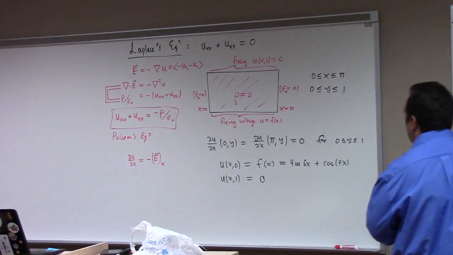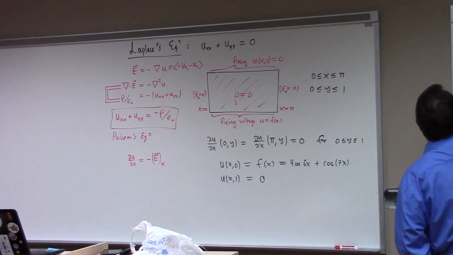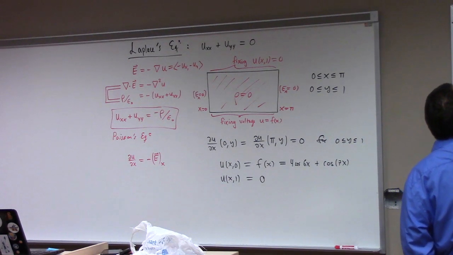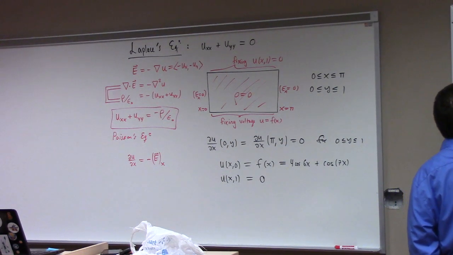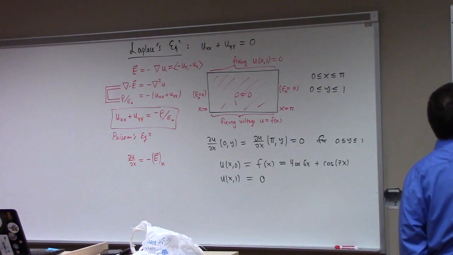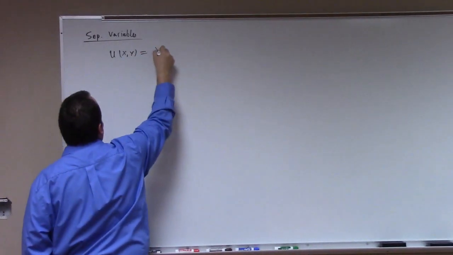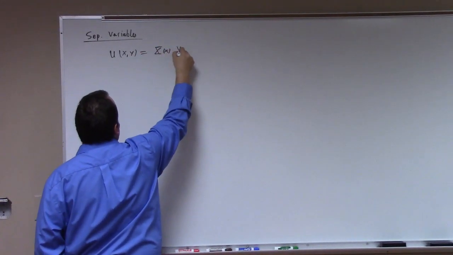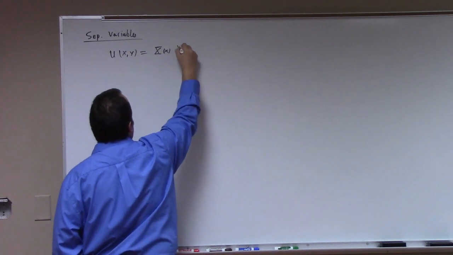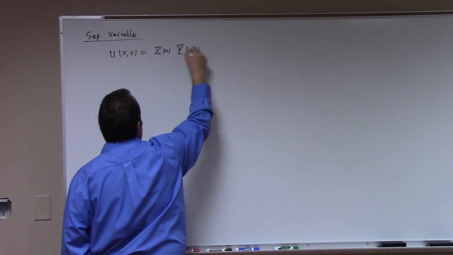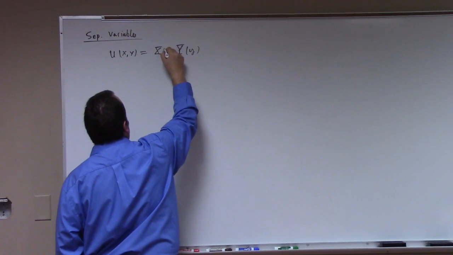Well, separate variables. So we'll let u of x comma y equal X of x times Y of y, just like we did before, except with time and space.